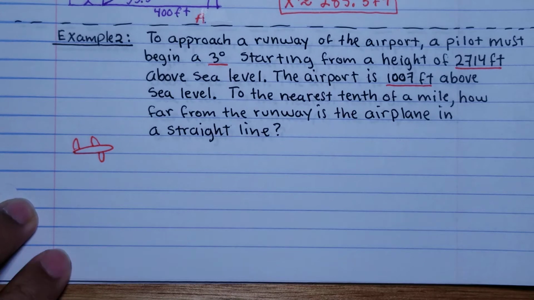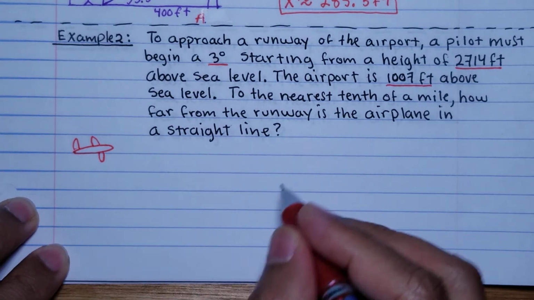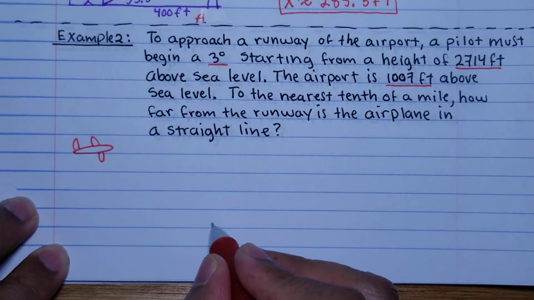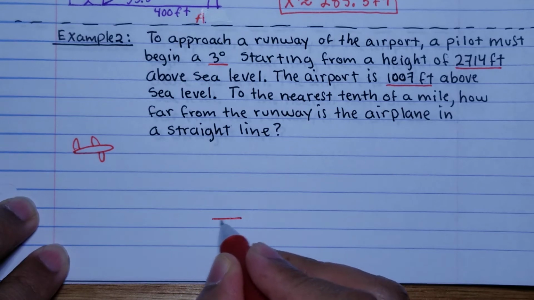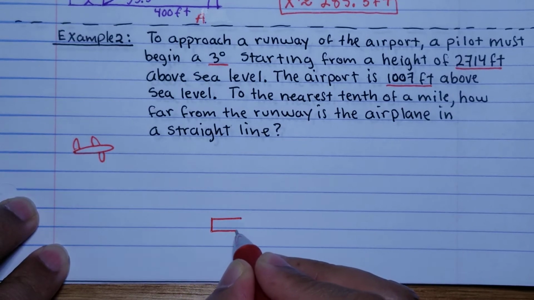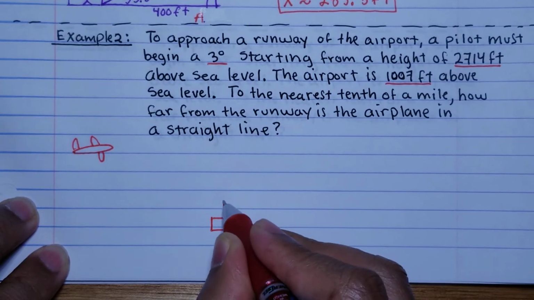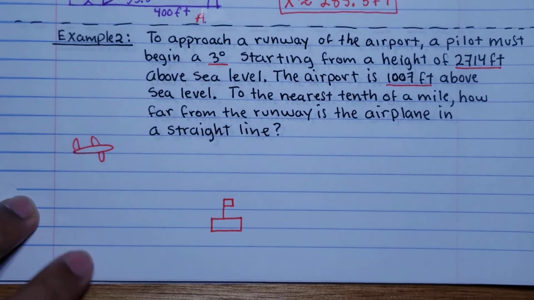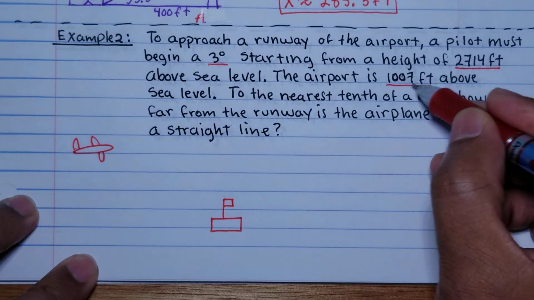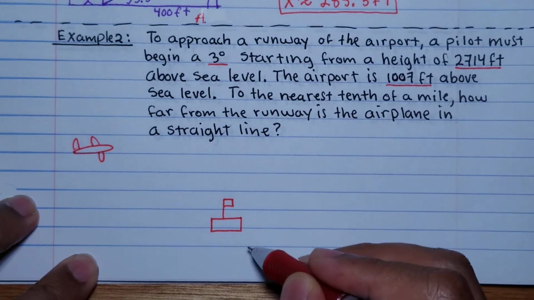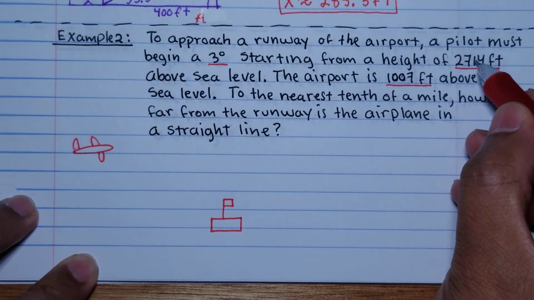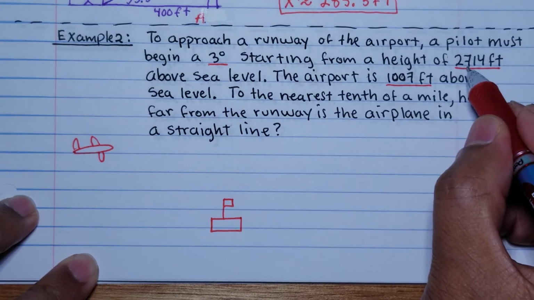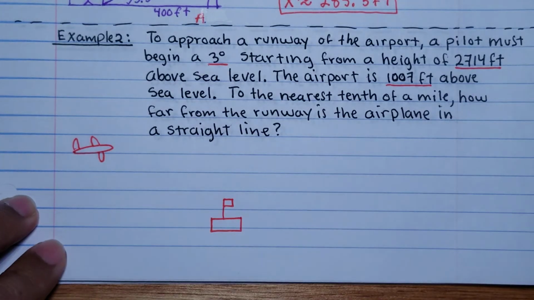Okay, and let's say this is the airport here. Okay, so let's say that's the airport, and it says that the airport is 1,007 feet above sea level, and the airplane is 2,714 feet above sea level.